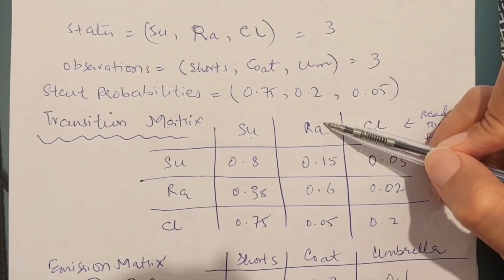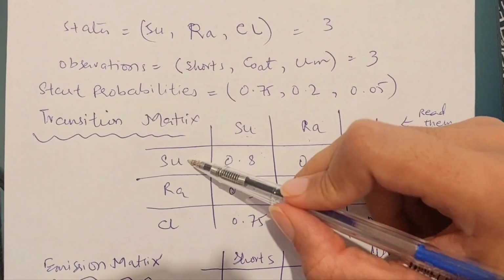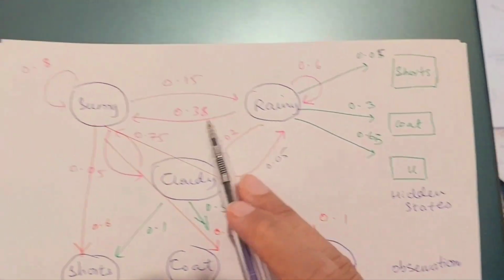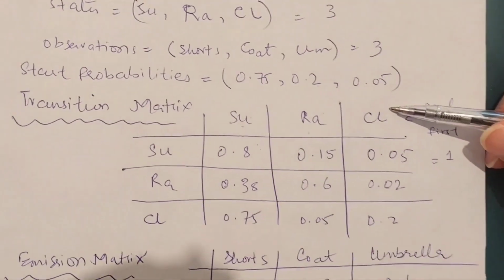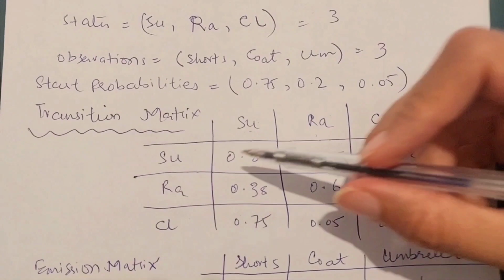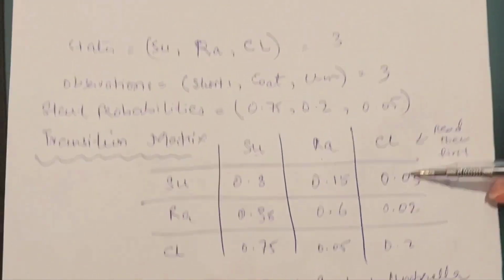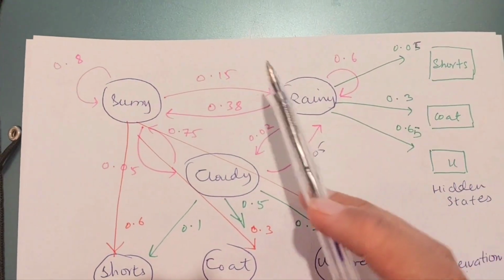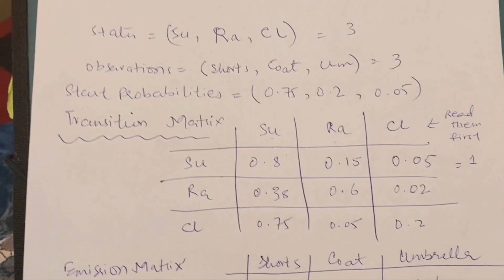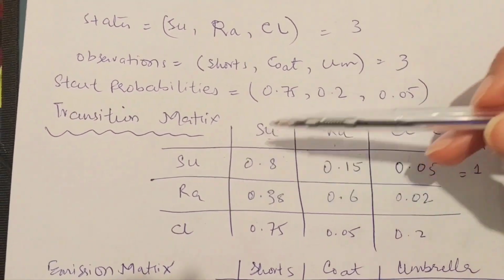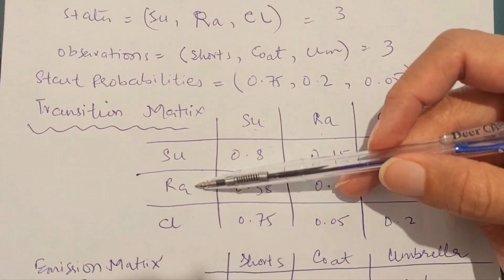What is the probability that it is going to be rainy, given that it was sunny before? It is 0.15. You can correlate it from here. What is the probability that it is cloudy, given that it was sunny before? It is 0.05. You can again correlate it from here. Similarly, what is the probability of being sunny if it was rainy before?